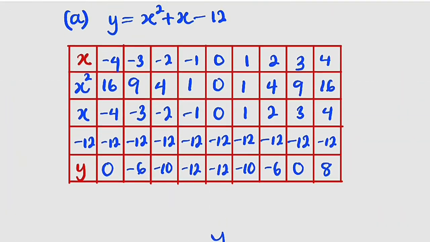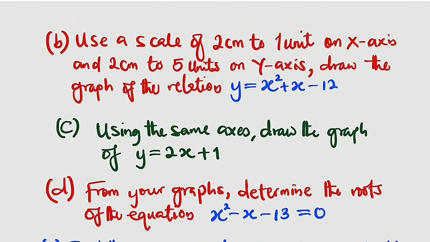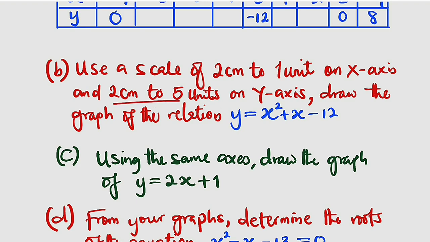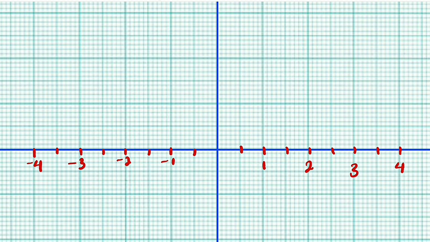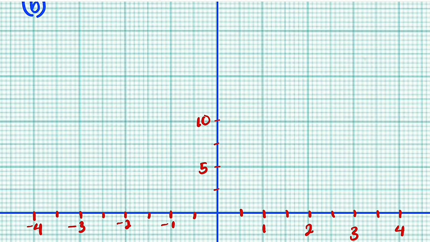All right. But they said that we should use 2 centimeters to represent 5 units on the y-axis. 2 centimeters to represent 5 units. 1, 2, 5 units. 1, 2, plus another 5 making 10. 1, 2, that is 15. 1, 2, this is 20.